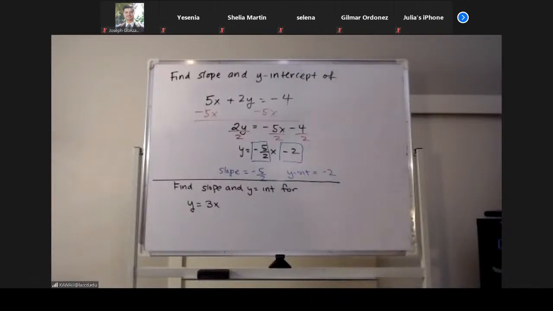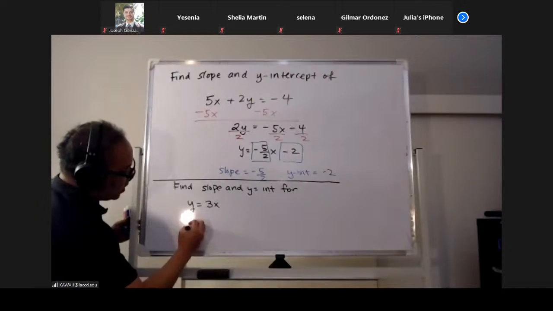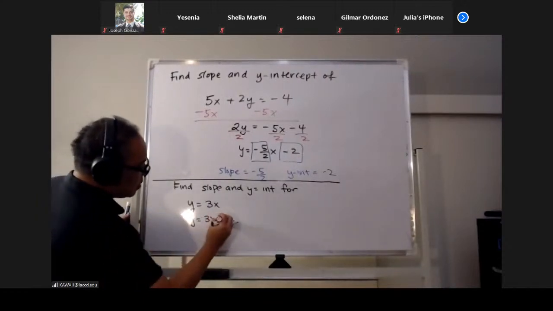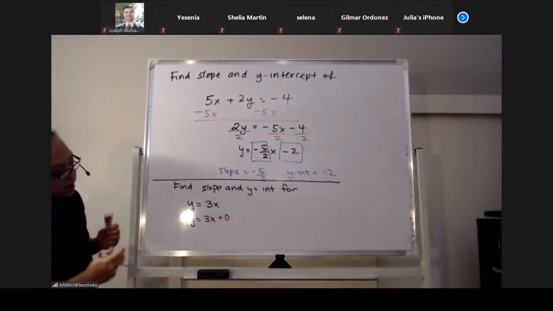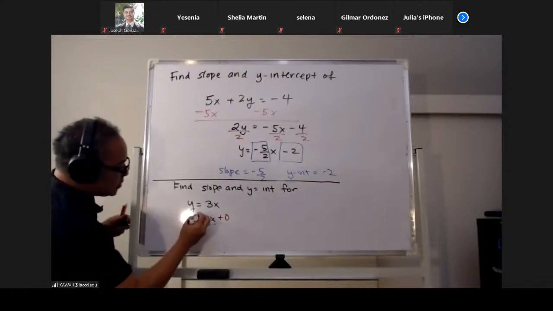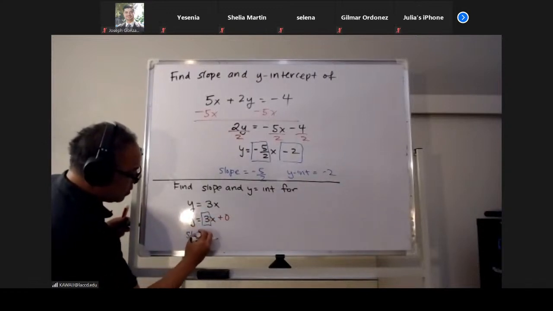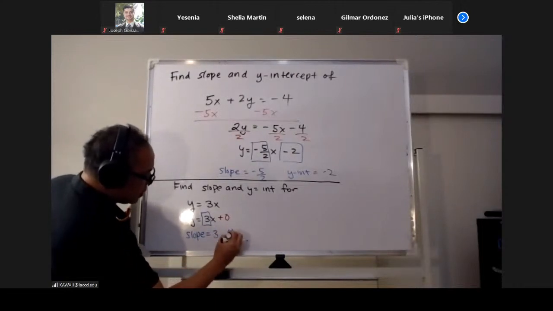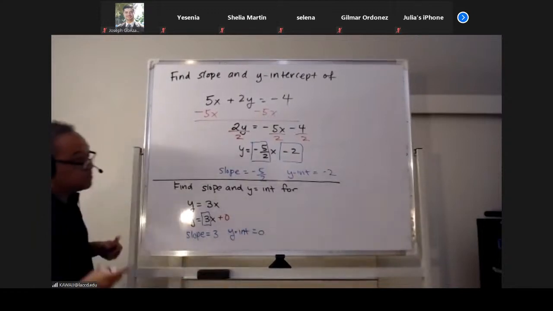Now the way you want to think about this is that this is y is equal to 3x plus 0. So this right here is your slope. And then your y-intercept is equal to 0.